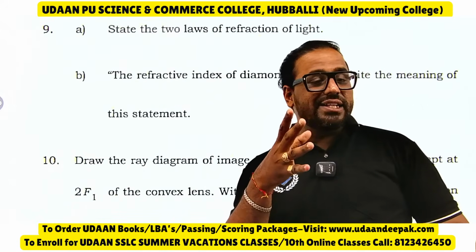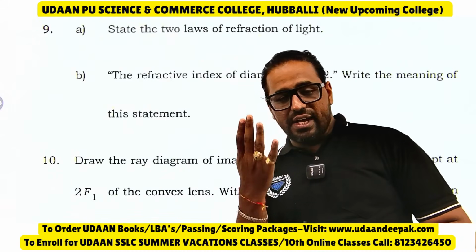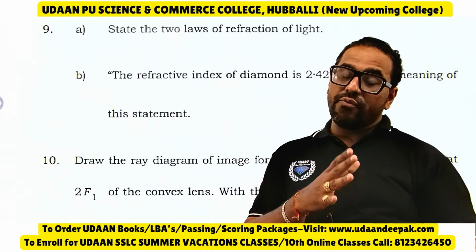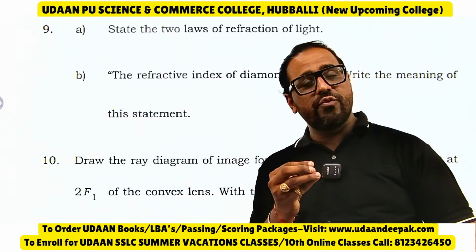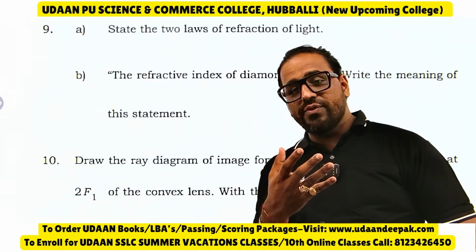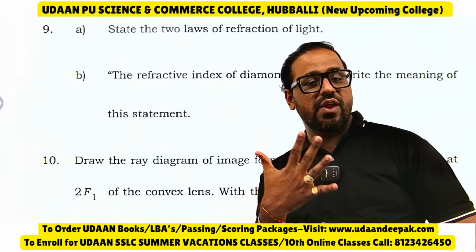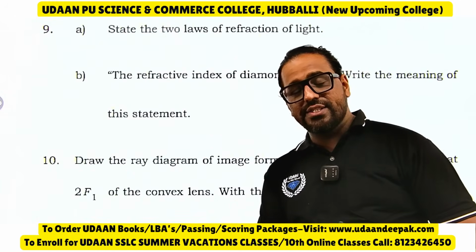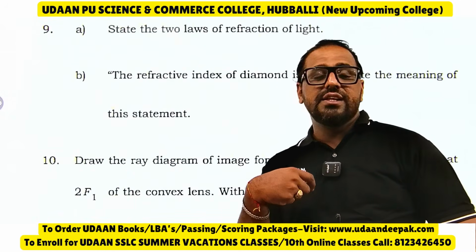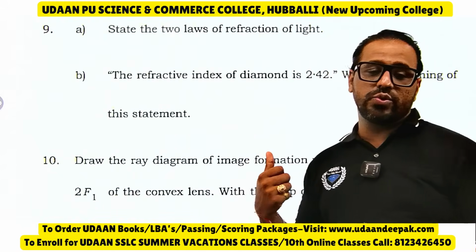The refractive index of diamond is 2.42 means the ratio of sine of angle of incidence to the sine of angle of refraction is 2.42.